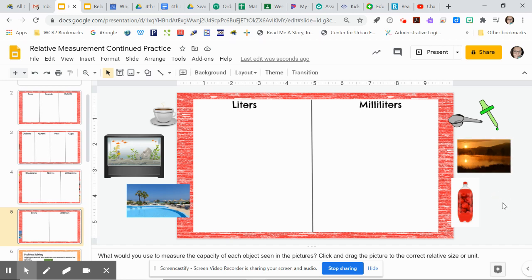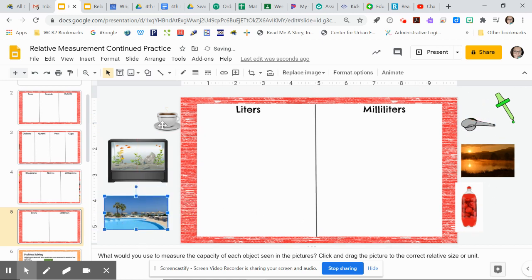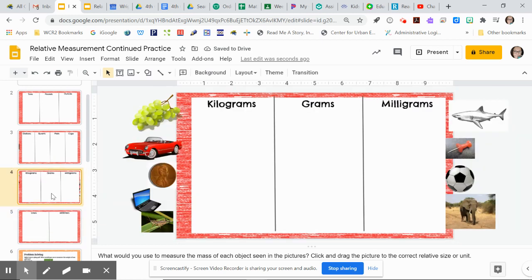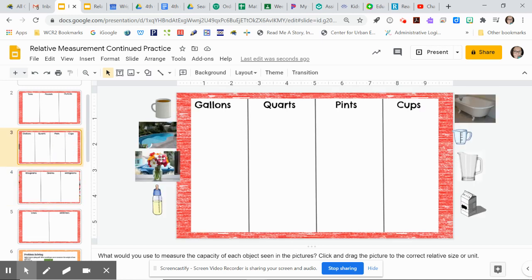This is a little dropper, a little measuring tool. This is a pool. This is an aquarium, a coffee cup, and so on. Most of these are pretty clear. That's a bathtub, a carton of milk. This is like what you would use on a mixer.